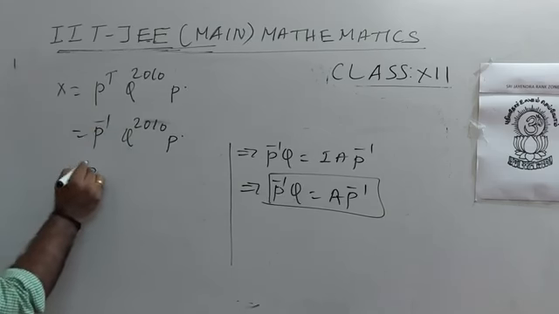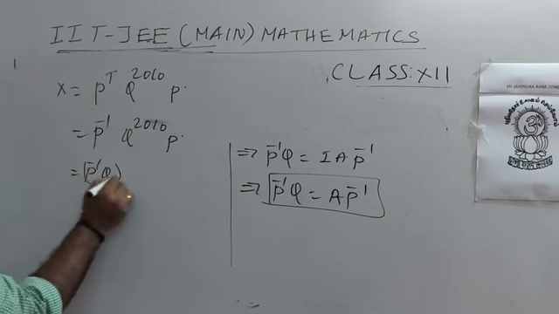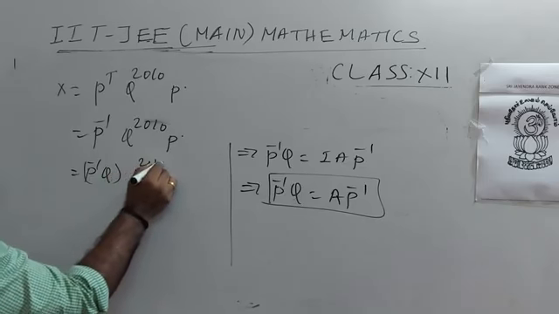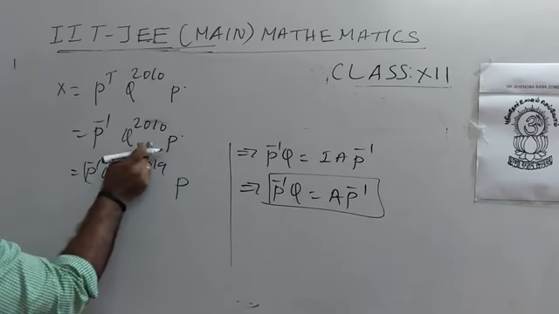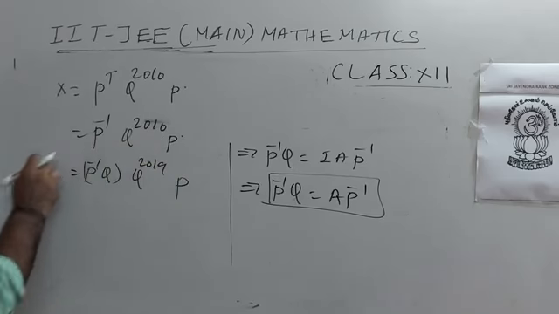Then P inverse of Q power 2010 into P. I have taken one Q and merged it with P inverse.